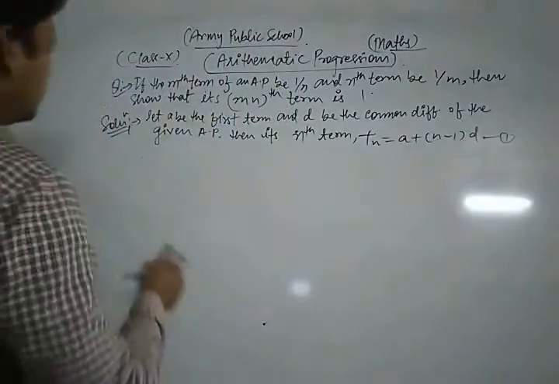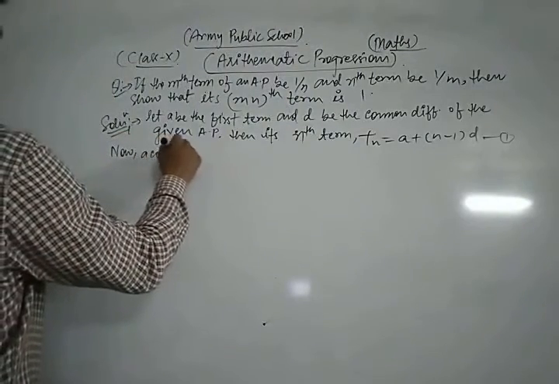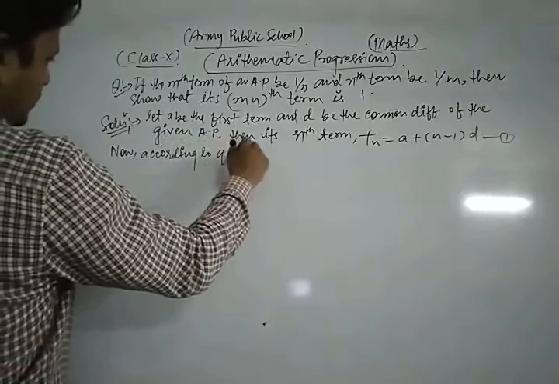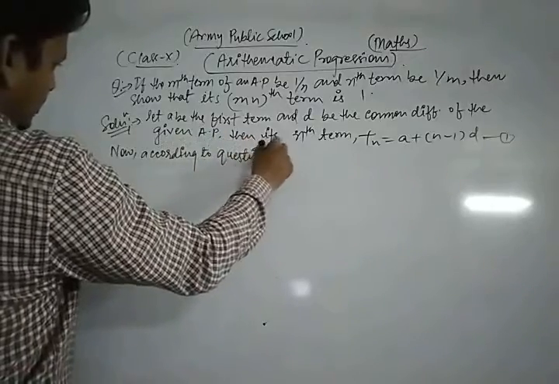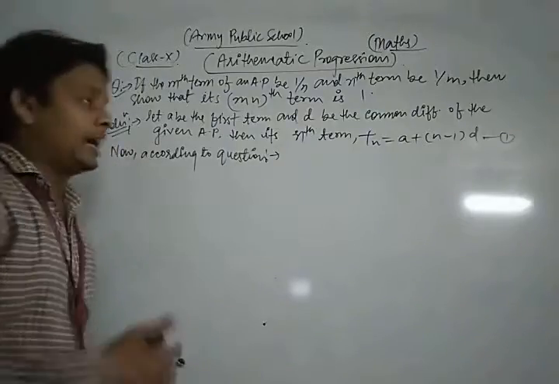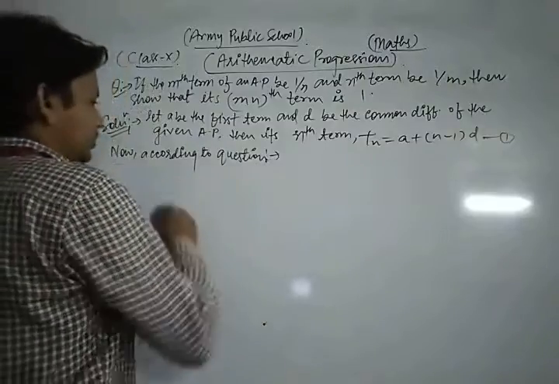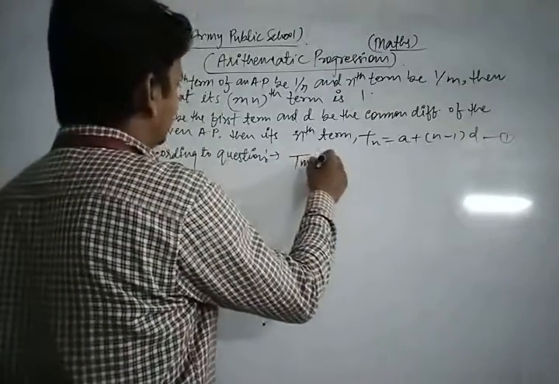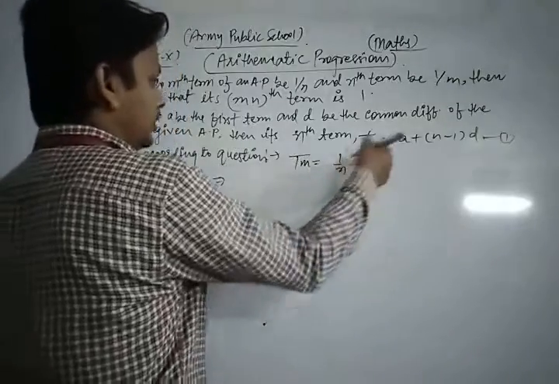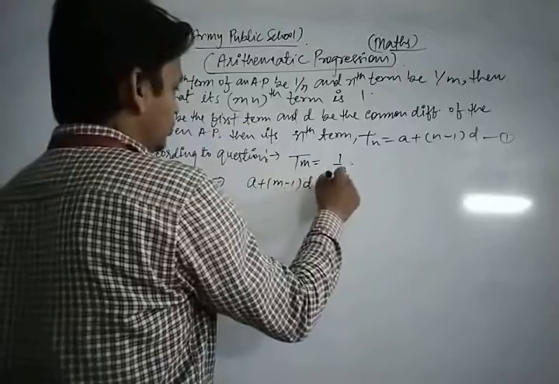Now according to the question, the mth term of the AP is 1 upon n. So we form one equation from there. The mth term will be A plus m minus 1 into D is equal to 1 upon n.